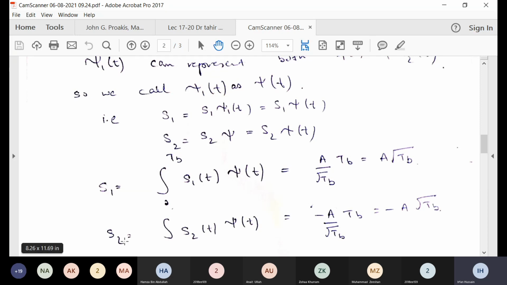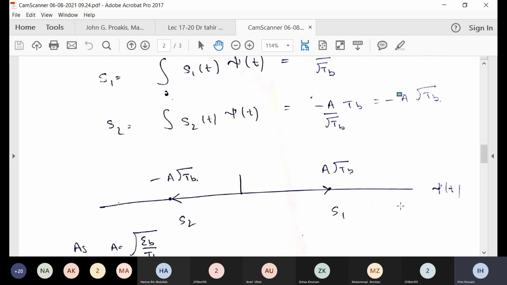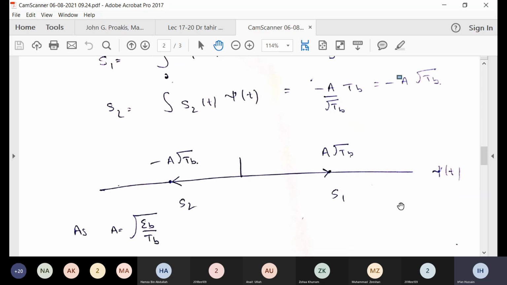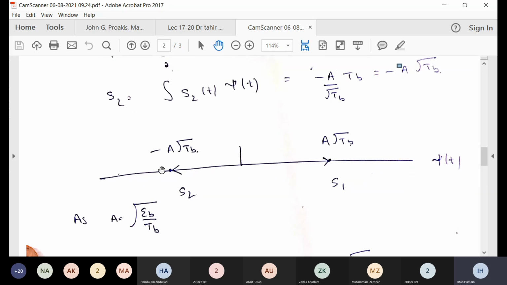Similarly, you can find for S2, its amplitude will come out to be minus A times the square root of TB. So I can just draw them. S1 is equal to A root TB and S2 is equal to minus A root TB. But I also know that A is equal to the square root of EB over TB. So if I put the value of A here, TB cancels, and this will become the square root of EB. This will become minus the square root of EB.